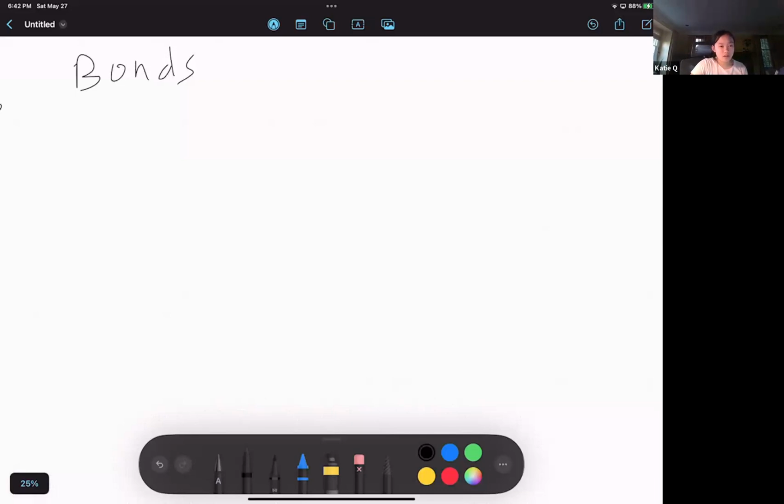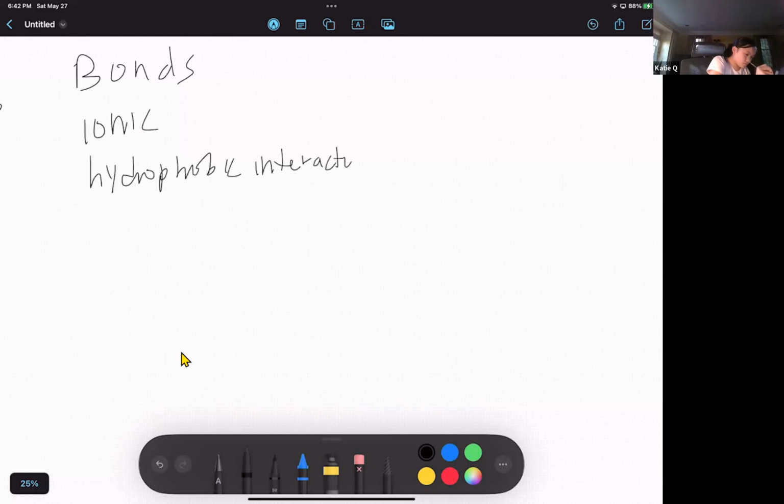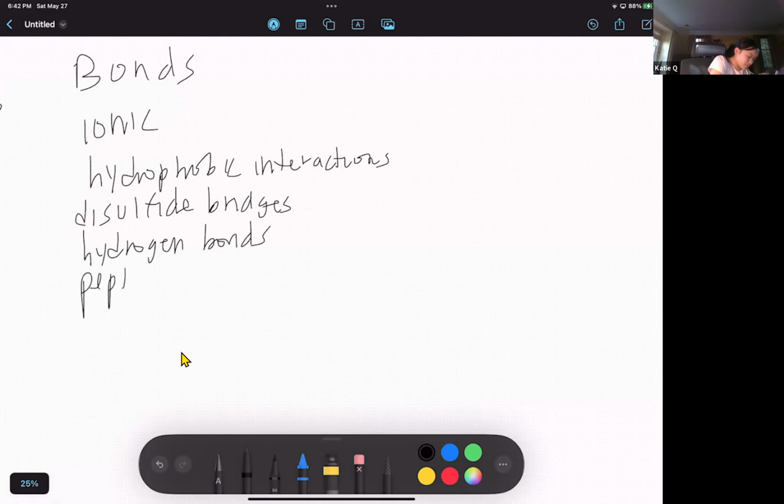So then there are also ionic bonds, hydrophobic interactions, disulfide bridges, hydrogen bonds, peptide bonds.